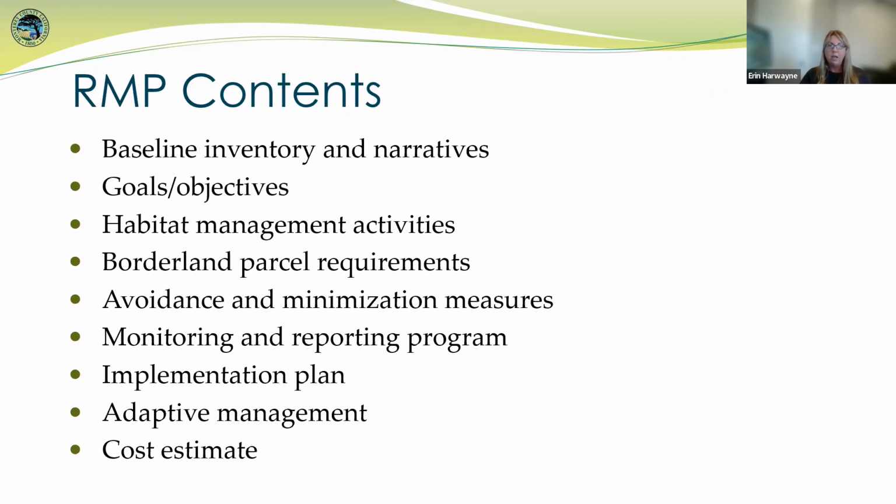Based on those activities, we anticipate developing some avoidance and minimization measures. Some of those management activities or borderland requirements could impact species, so we want to identify any minimization measures to avoid and reduce any impacts. We're going to identify a monitoring and reporting program and an implementation plan, so again, the timing of all these different activities, and adaptive measures and management in case something doesn't work out as planned. And of course, as I mentioned, the cost estimate. Next slide.